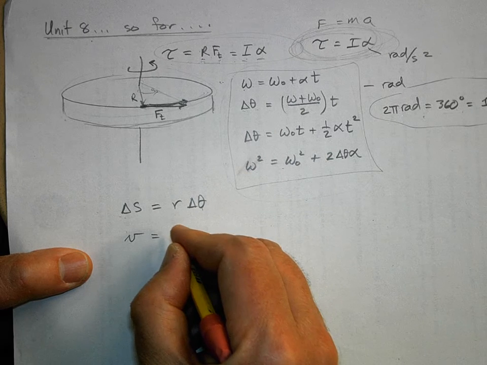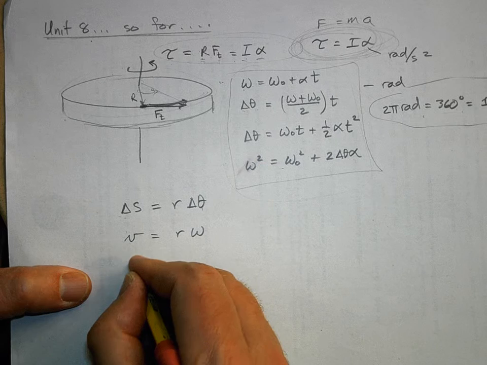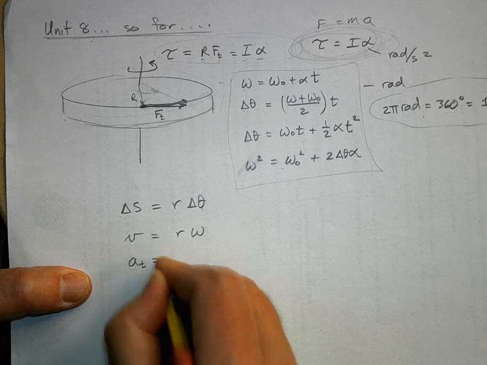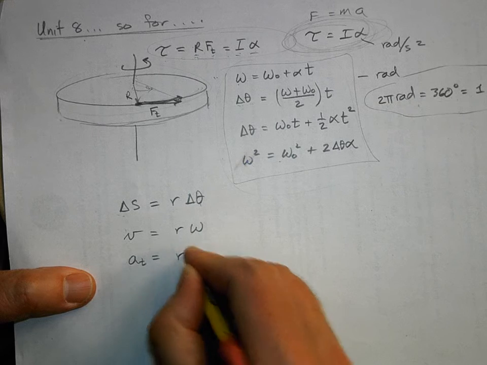The speed of going around in circles will be r omega, and the tangential acceleration is going to be equal to r times alpha.